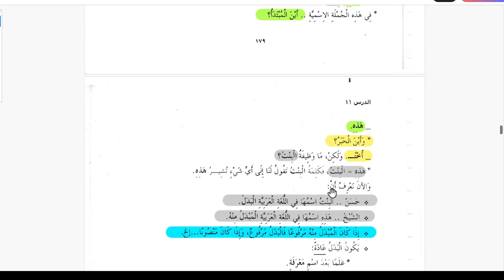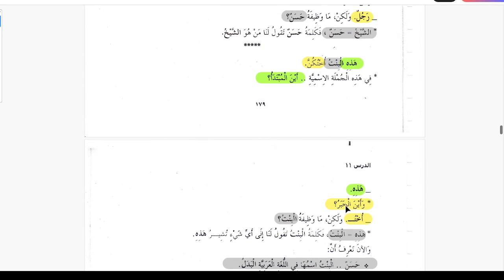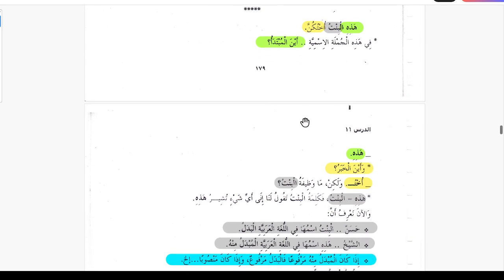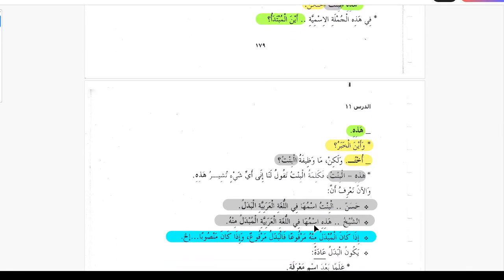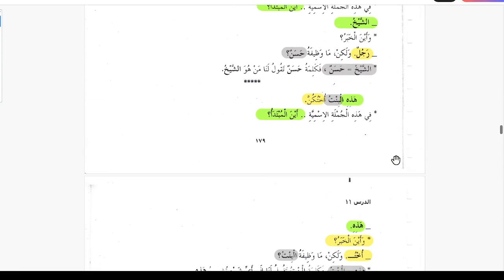Now we know that hasanun and al-bintu, these two examples, are called in the Arabic language al-badal, the substitute. And ash-shaykhu and hazihi, they are the substitute of what?